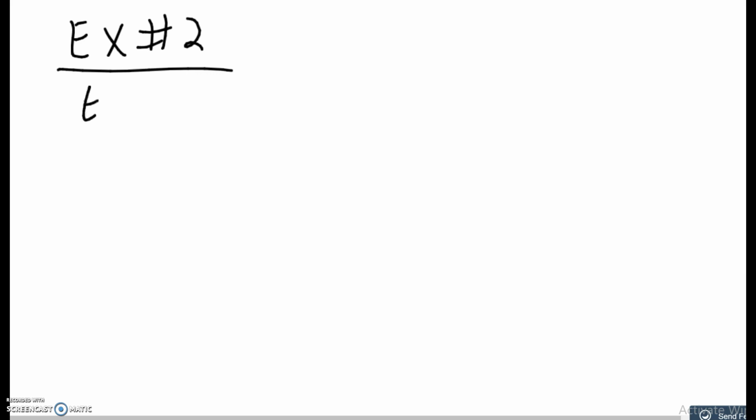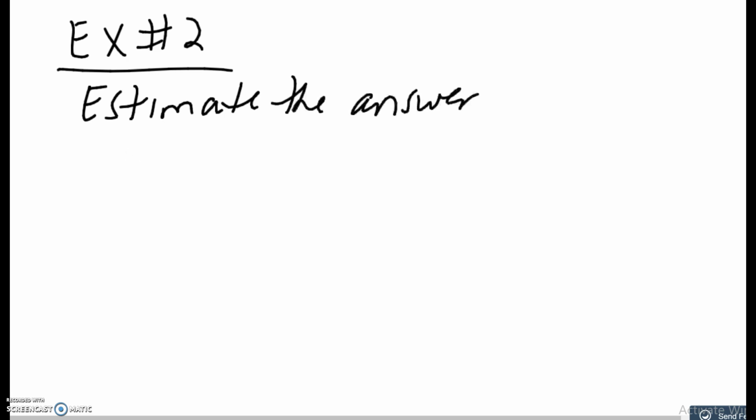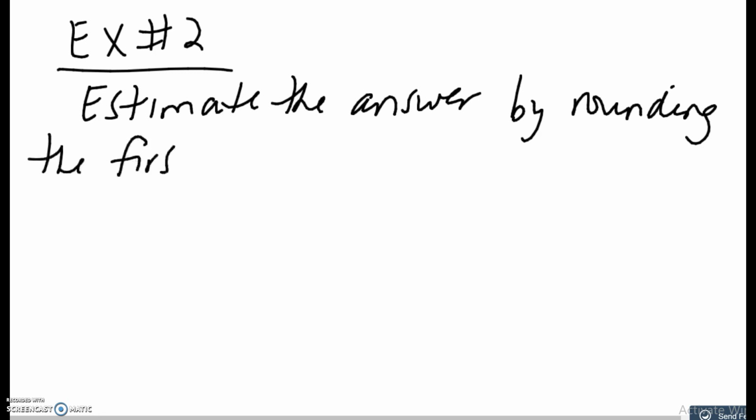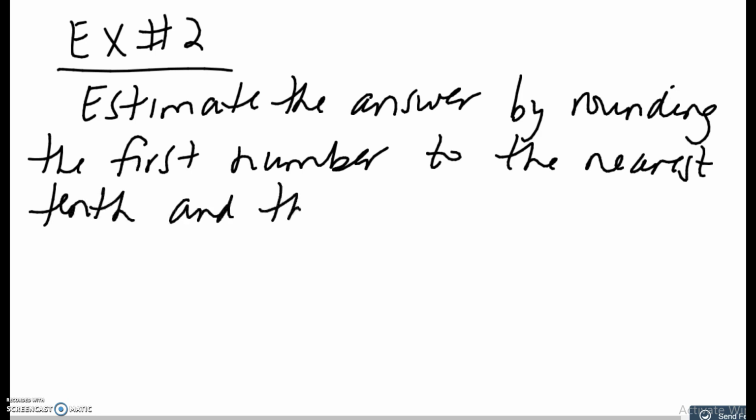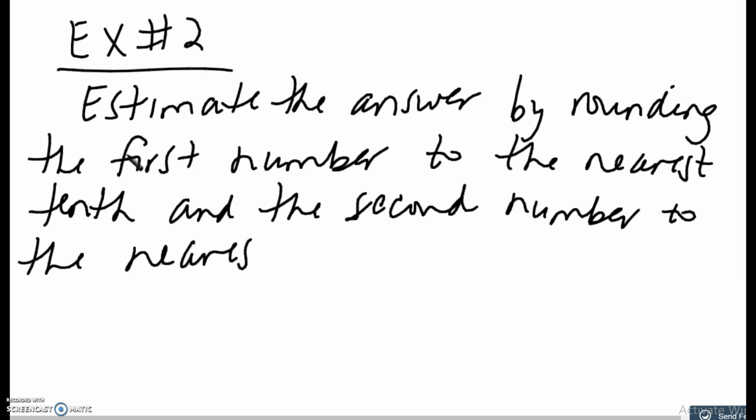So we're still estimating by rounding the first number to the nearest tenth, and the second number to the nearest hundred.